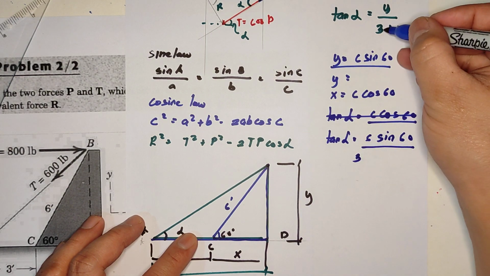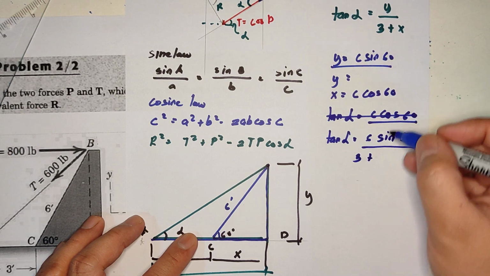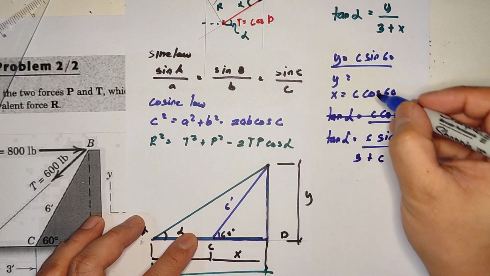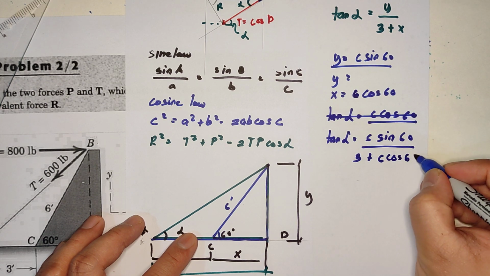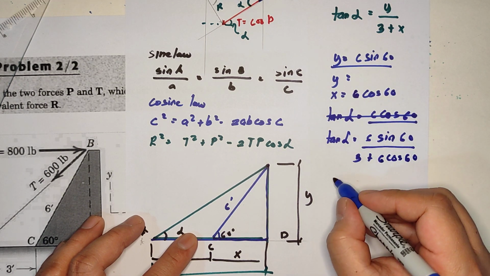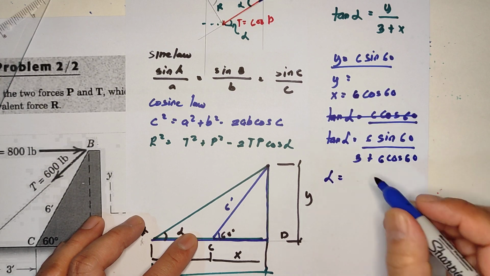Don't forget the 3 because there is the 3. The x value should be 6 cosine 60. Then inverse, you now have inverse tangent.